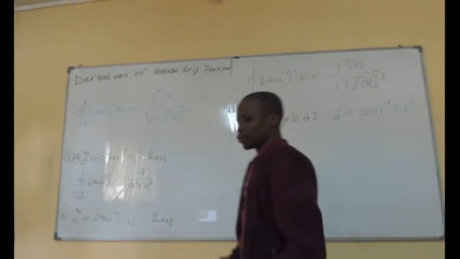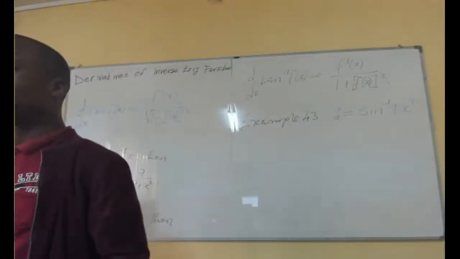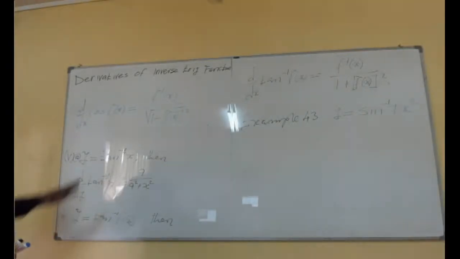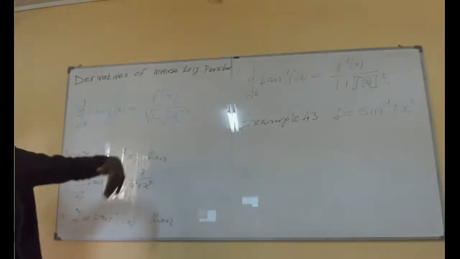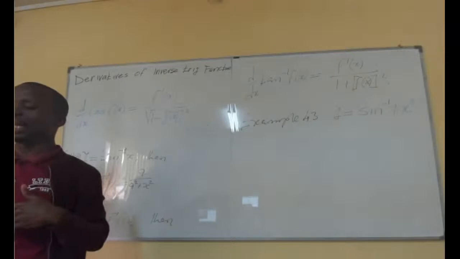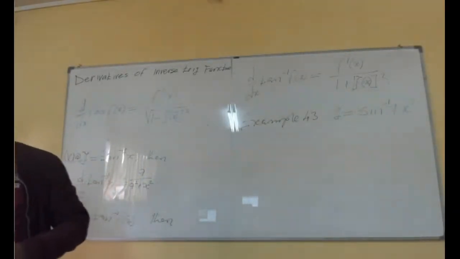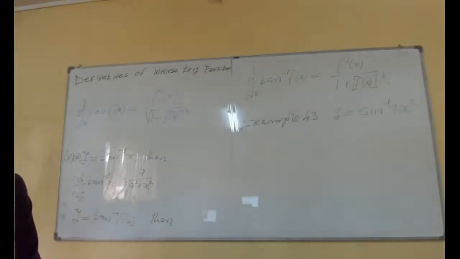Now, I would want to ask you, which method do you want us to use? Should we use the already given formulas, or should we start from the beginning and go step by step and see how they arrived at the final answer?